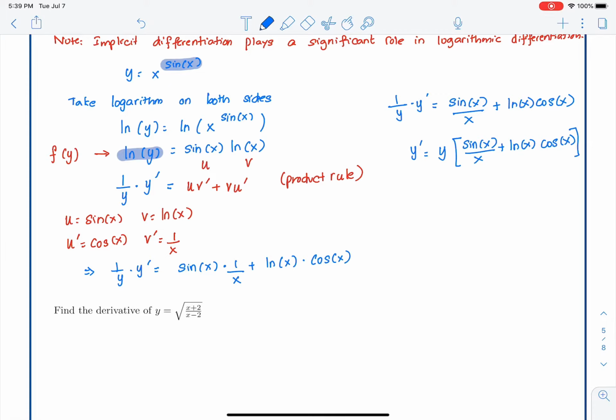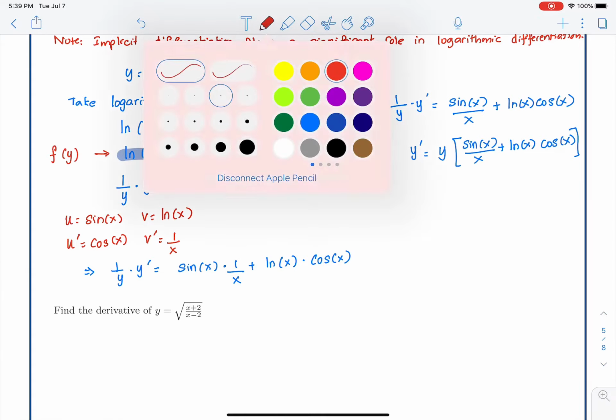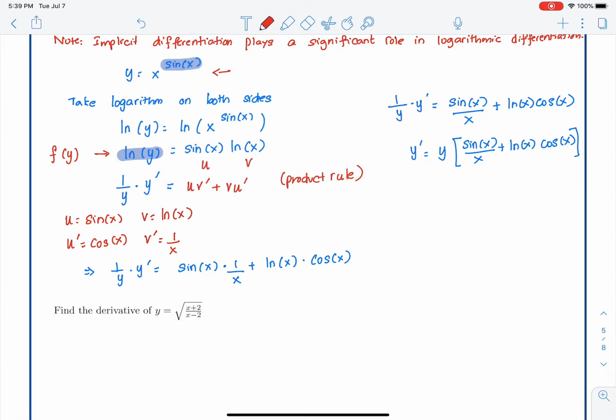But then realize that we already have y is equal to x raised sine x in that step, so we can replace that here. So y prime would be equal to x raised sine x multiplied by sine x over x plus ln of x times cosine x. And that would be the final solution.